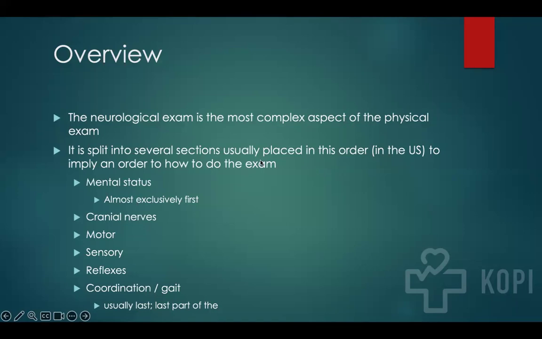Cranial nerves are usually second, followed by motor sensory exam, reflexes, and then coordination of gait. Usually gait is tested last, mostly because some of the patients who might have an altered mental status might not be able to walk, or gait is usually one of the things that is tougher for older or acutely ill patients.